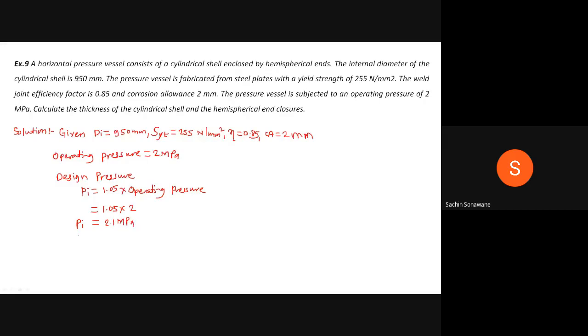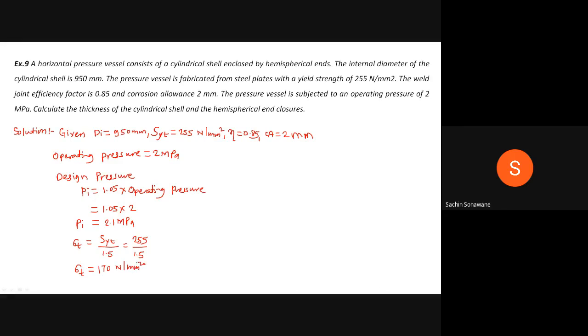Now calculate sigma t. Sigma t is equal to Syt upon 1.5. If Sut is given, then you have to substitute Sut upon 2. Syt is 255 upon 1.5. Therefore, sigma t is 170 Newton per mm square.